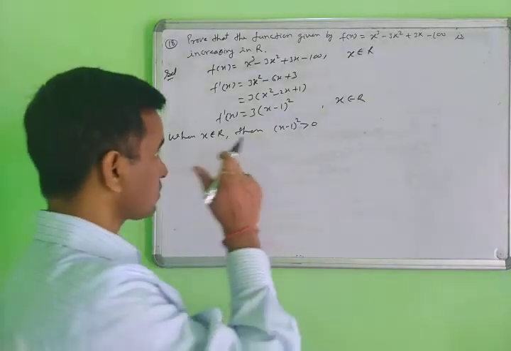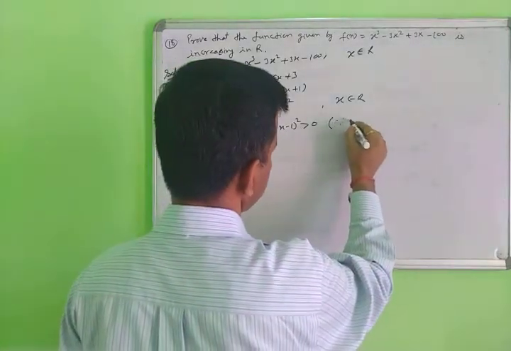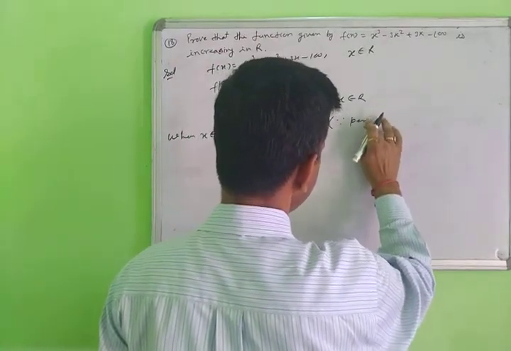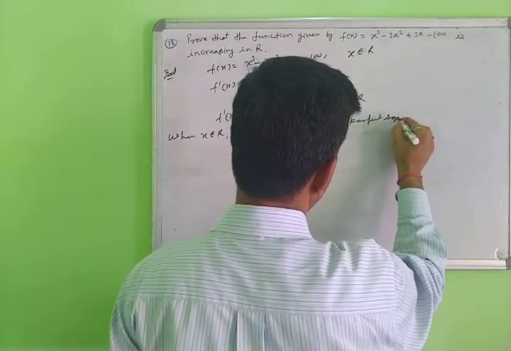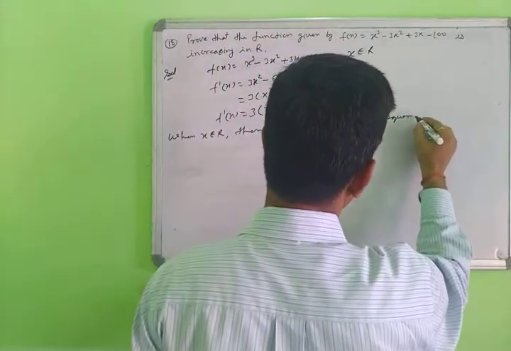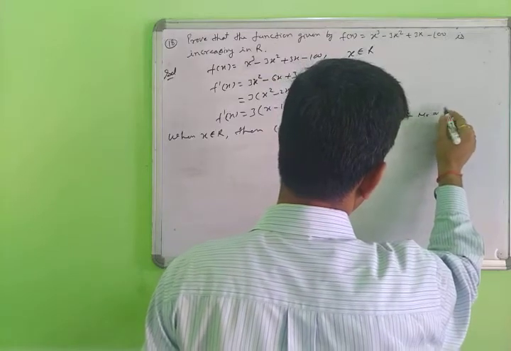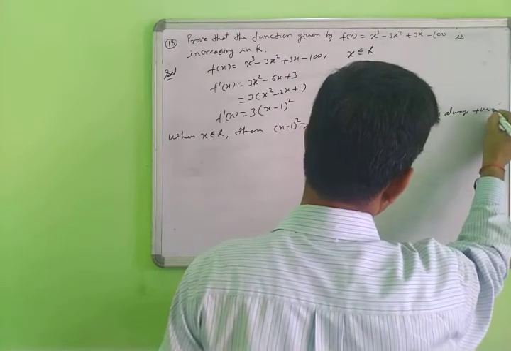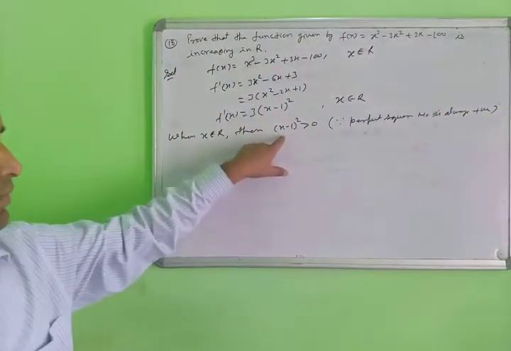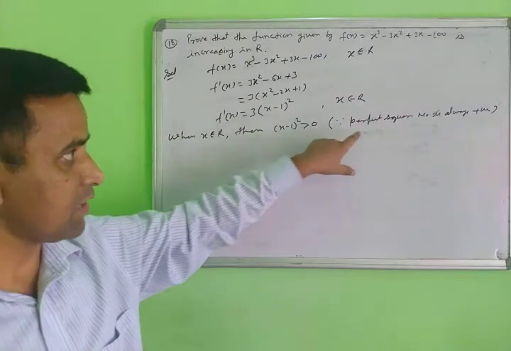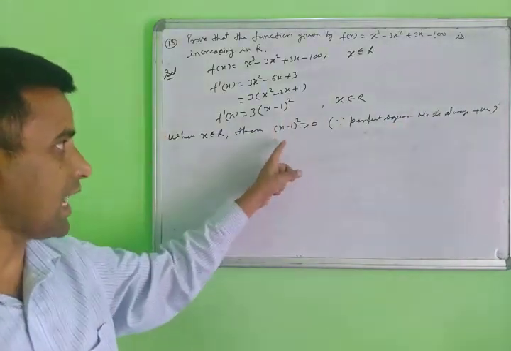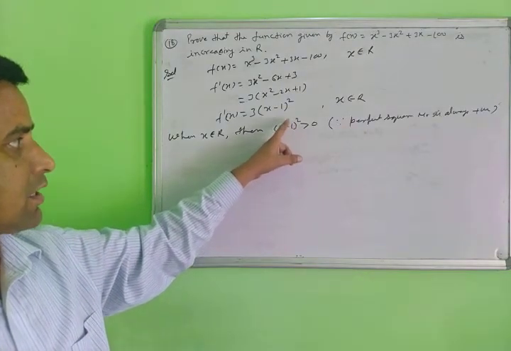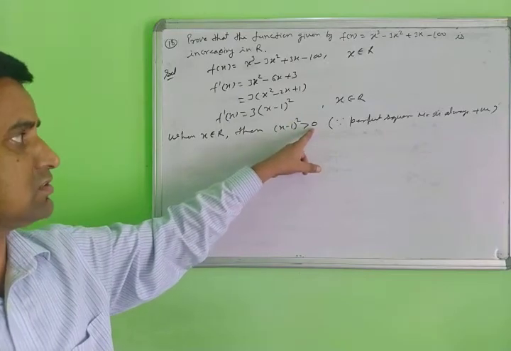Because a perfect square number is always positive. So if you put any value here, negative, positive, 0, any value, and calculate after squaring, this will always come out greater than 0.